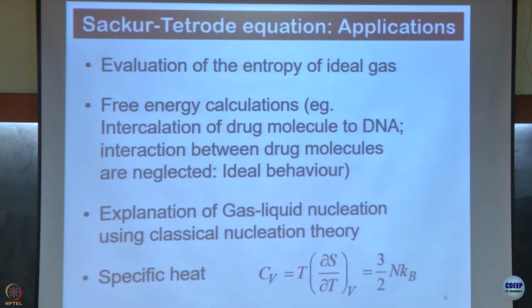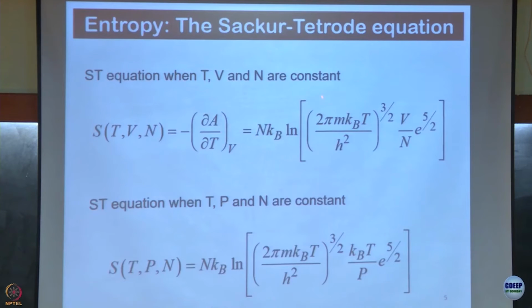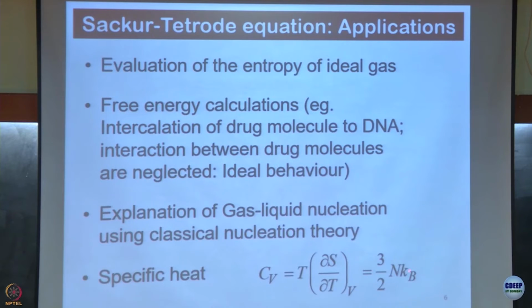Then this T removes that T in the denominator. Is that clear? And then I have 3/2 from this, with an N kB, so the specific heat is just 3/2 N kB. When N is Avogadro's number, Cv is 3/2 R. So this is the derivation of the ideal gas law.